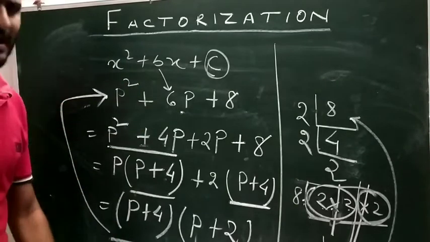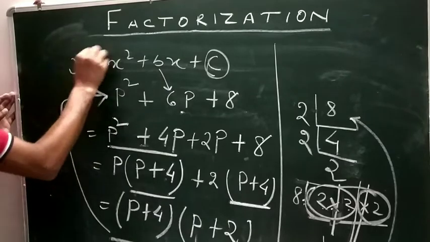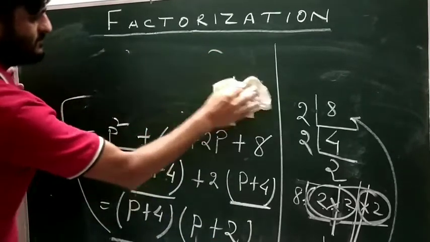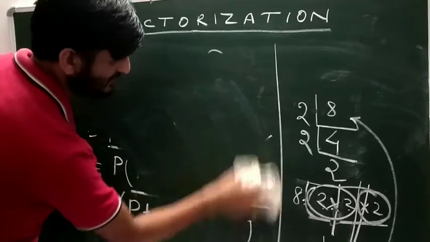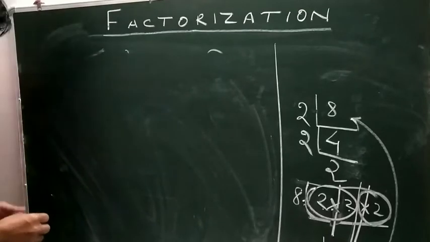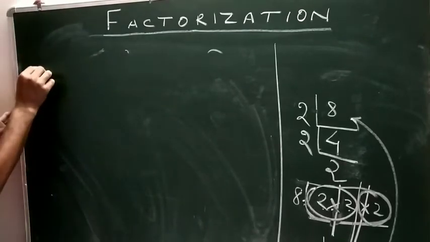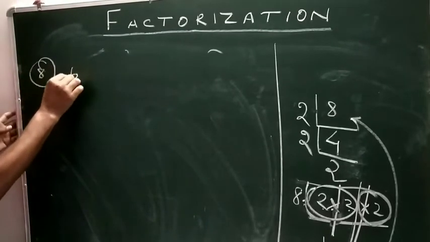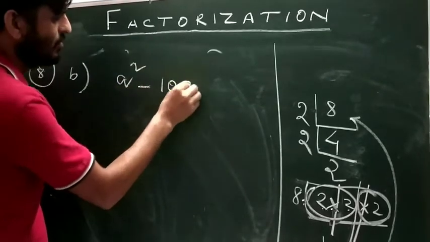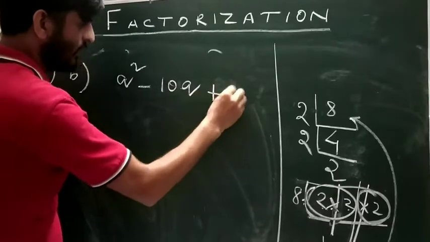We will take another example to explain the factorization of an algebraic expression. Let's see. If we go for question number 8b, what will we get? q square minus 10q plus 21.